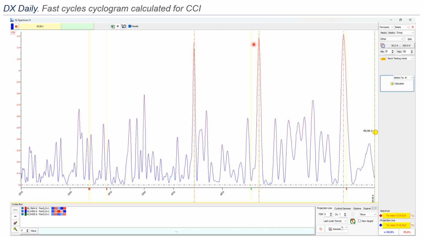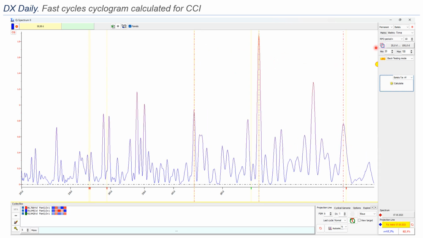All three peaks are highly qualitative and equal in their heights, so we can hardly find the dominant cycle from here. But if we choose the index and switch to, for example, RPO 10, we get the following cyclogram.